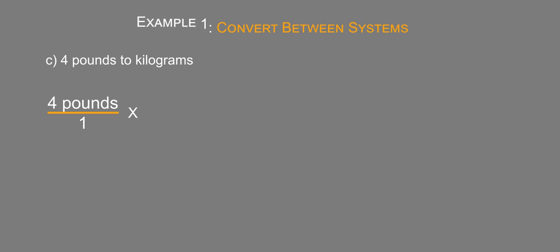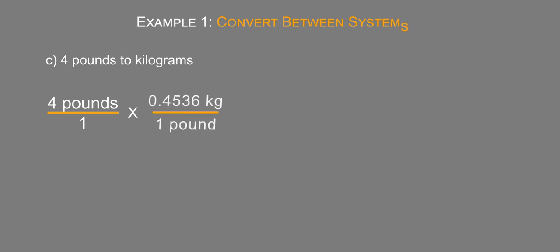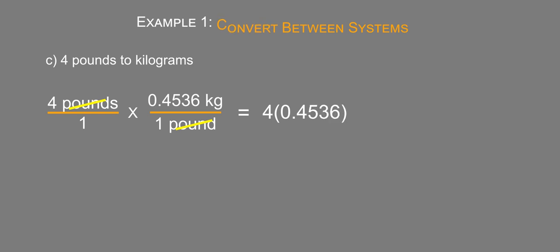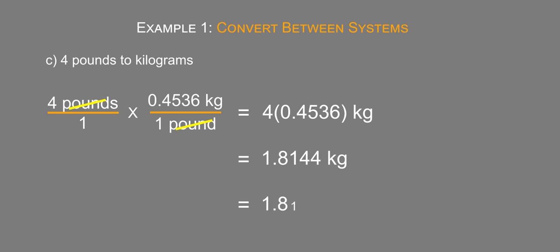So we're going to have pounds in the denominator: 1 pound is approximately 0.4536 kilograms. The pounds cancel, and we're left with 4 times 0.4536 kilograms. If you multiply that through, that's 1.8144 kilograms. Rounded to the nearest hundredth as asked for, that is approximately 1.81 kilograms.